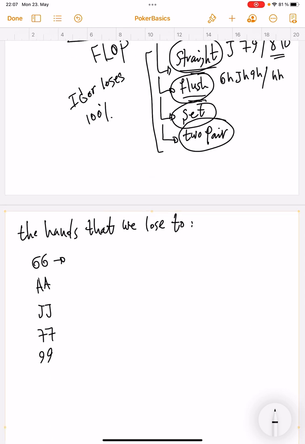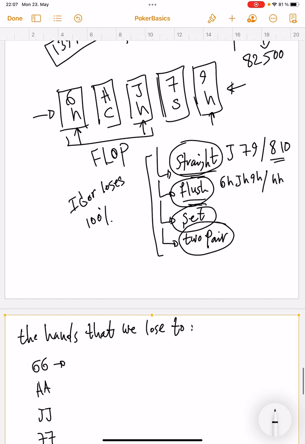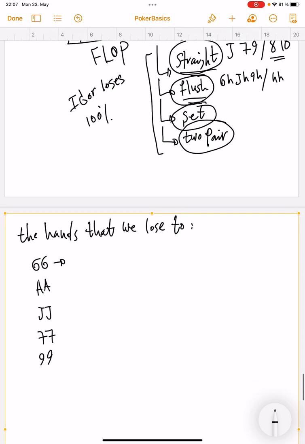So there are three sixes left because one six is here on the board. This means we need a combination of two of them to have a pocket pair. So this will be 3 factorial over 2 factorial times 1 factorial. This will be 2, and these two and this will be 3, right? So there are 3 combinations of pocket sixes which make a set, or three of a kind, or trilling.